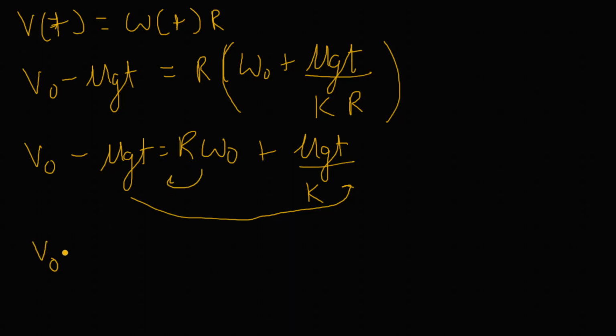So we have v naught minus r omega naught is equal to mu gt into 1, I'll write the step so that people don't get confused, plus mu gt by k, and then we are finally left with v naught minus r omega naught is equal to mu gt into 1 plus 1 by k.